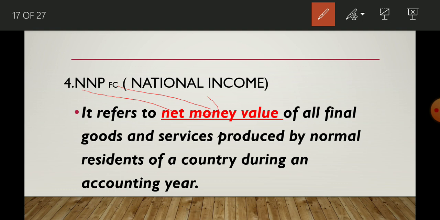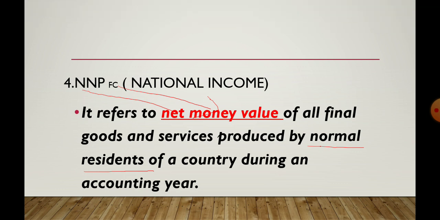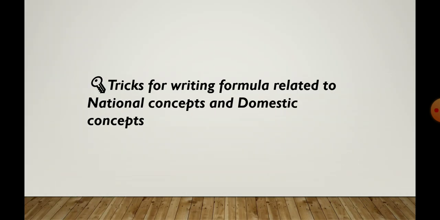So it refers to net money value of all final goods and services produced by normal residents of a country during an accounting year. So in this way, the first topic has been covered. I have detailed how you are going to write the meaning of the four aggregates related to domestic income, and the four aggregates related to the national concept.